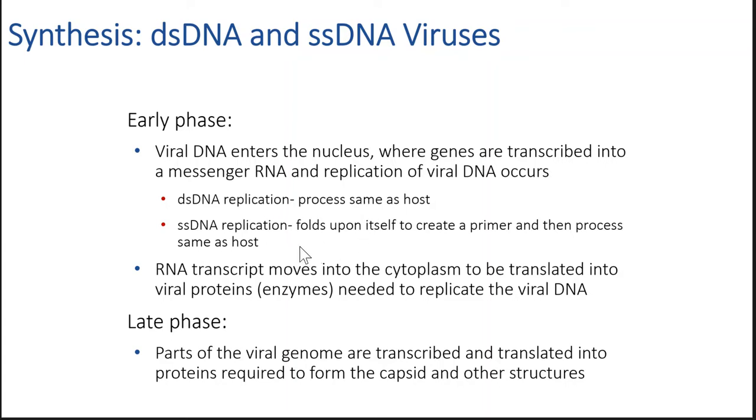At the very beginning, it will start making mRNA of enzymes that it needs in the early stages to replicate itself and to make those proteins it might need at the beginning. They do define a late phase: after it gets some of these proteins made, it will start making proteins needed maybe to form the capsid, those capsomeres. It'll start transcribing those proteins. All right, so that's double-stranded DNA viruses and single-stranded DNA viruses.